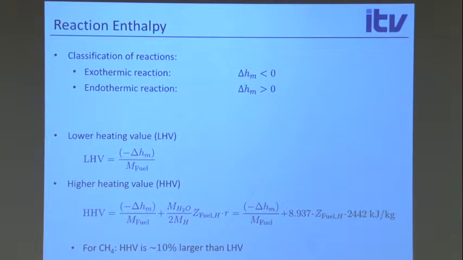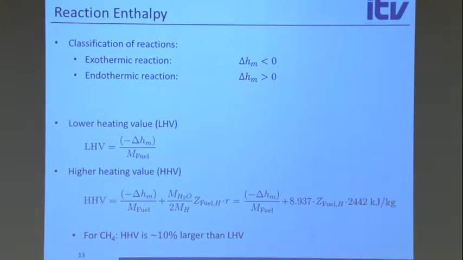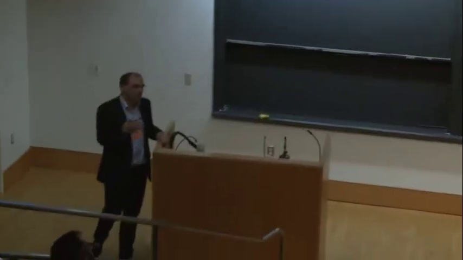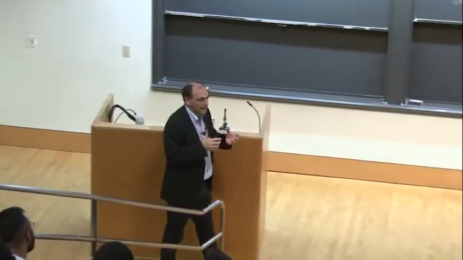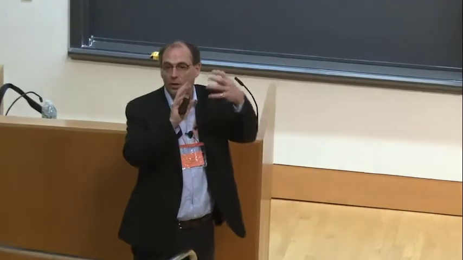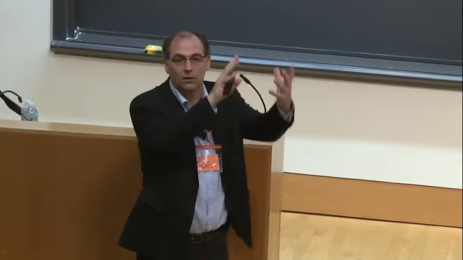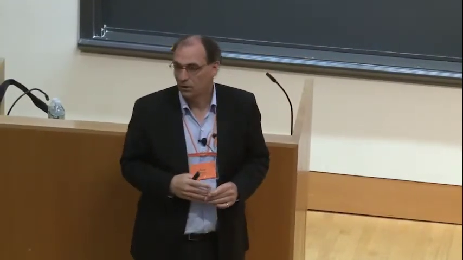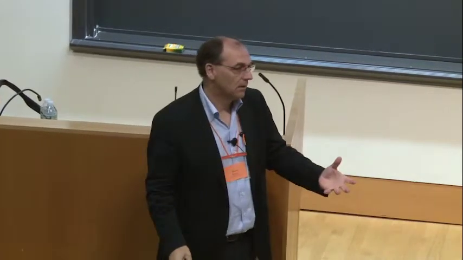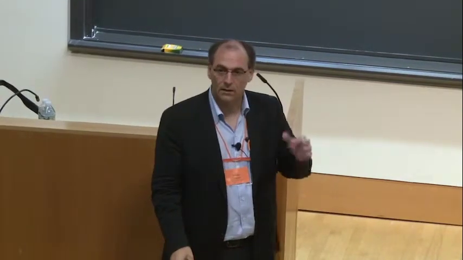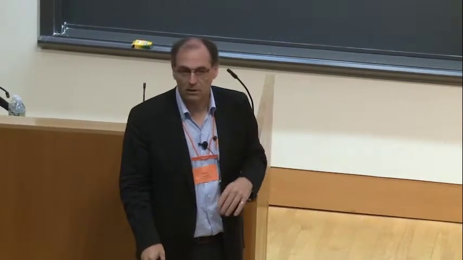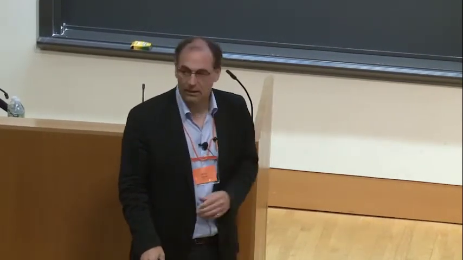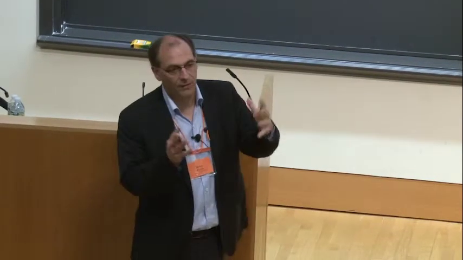We can also define the higher heating value. Why do we need the higher heating value? Because typically in combustion of hydrocarbons, you form water. And of course, the energy is different if the water is liquid or if it's in vapor form. So if I manage to condense the water to liquid form, then the heat release is larger, right? Because that gives me extra energy. And if it's in vapor phase, it's lower.